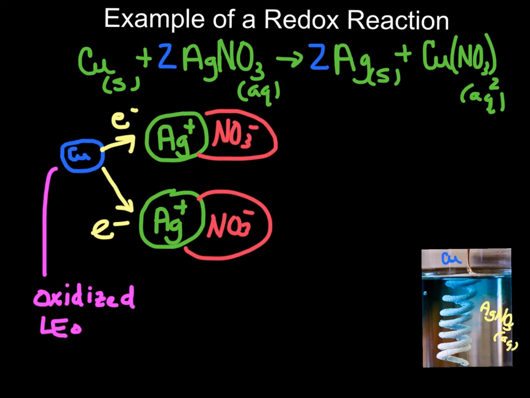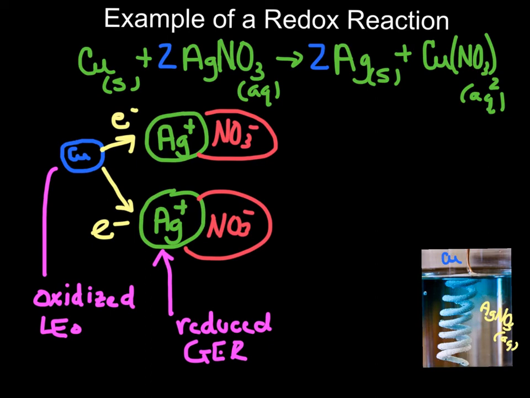Now the silver ions are being reduced because they gained electrons. They say grr. Gain electrons, get reduced. Leo says grr. So silver gets reduced, copper is being oxidized.